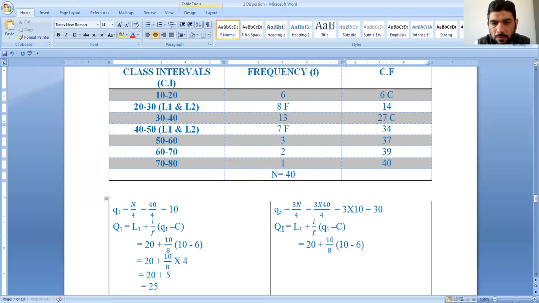Editing the formula, we have the lower limit as 40.